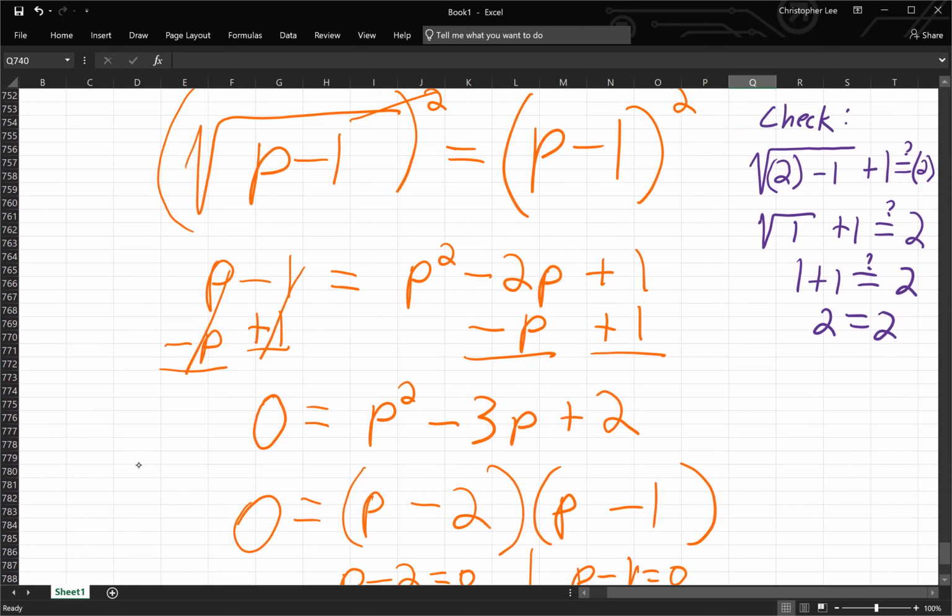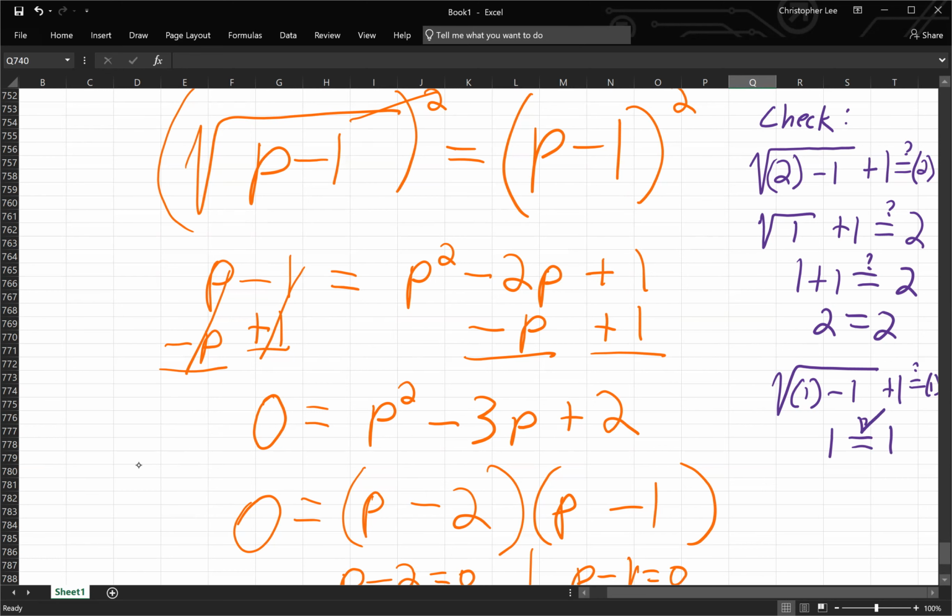Let me try out the 1. All right, just to be sure, right? This is gonna be square root of 1 minus 1 plus 1, allegedly. That's equal to 1. I don't know if it is or not. 1 minus 1 is what again? Forget, there's 0, right? So 1 allegedly is equal to 1.